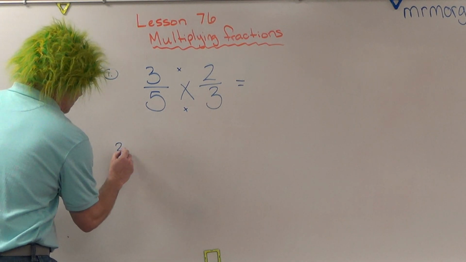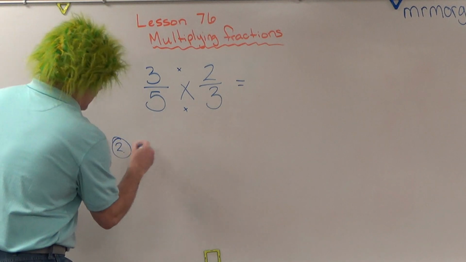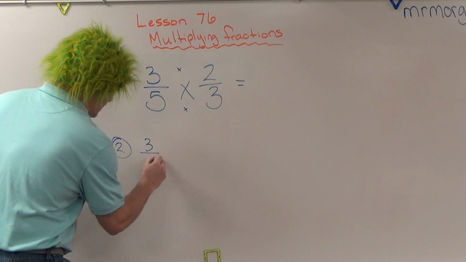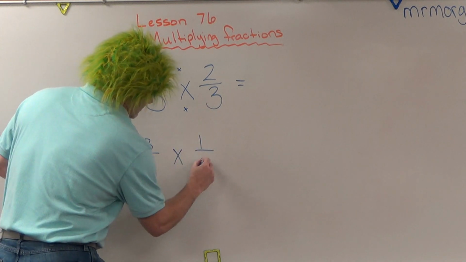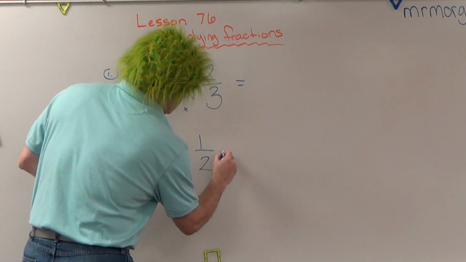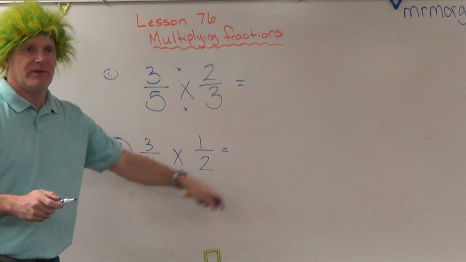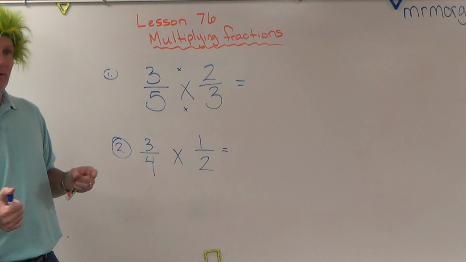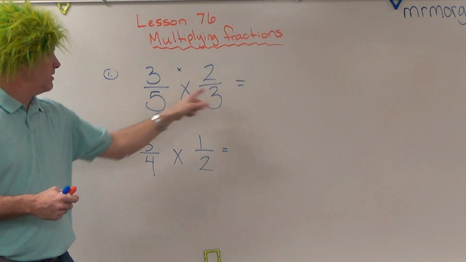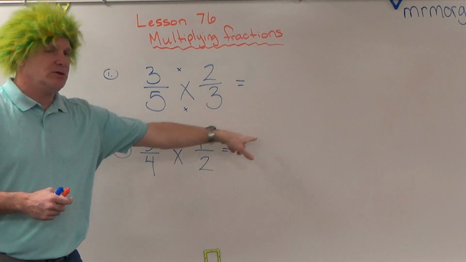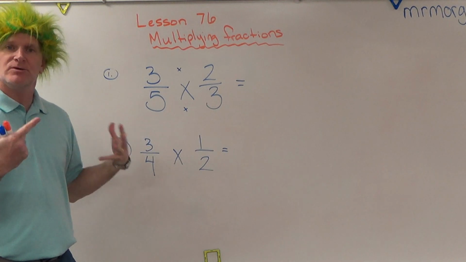And problem number 2, let's do 3/4 times 1/2 equals. So, my answer for this, okay? Everybody understand what you're doing? You're just multiplying straight across those. 3 times 1, 4 times 2, come up with your answer, and then reduce the answer if you can.